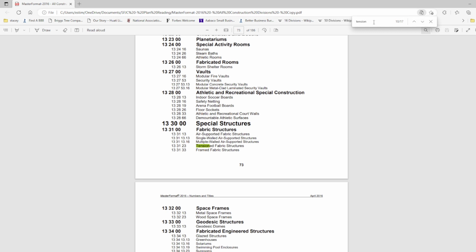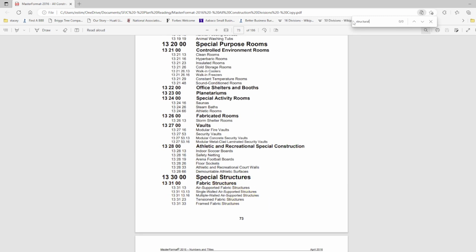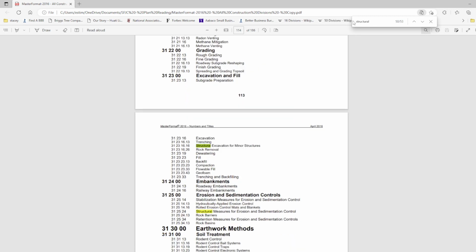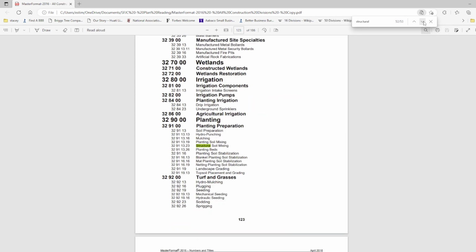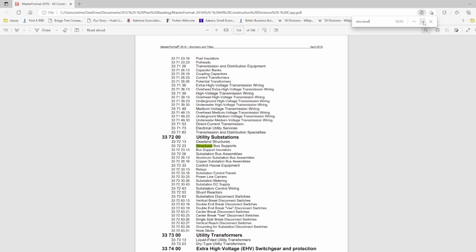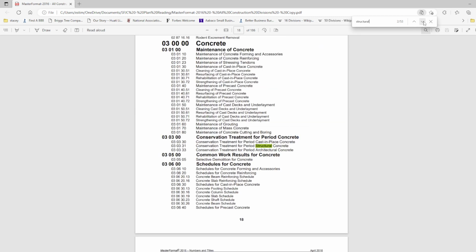Okay. Let's just put the word structural in here. A lot of words, a lot of structural. Okay. Structural measures for erosion, no. See where we get into existing structural information. Here we go. Structural concrete.